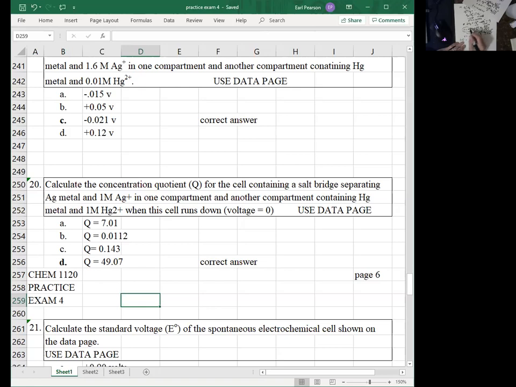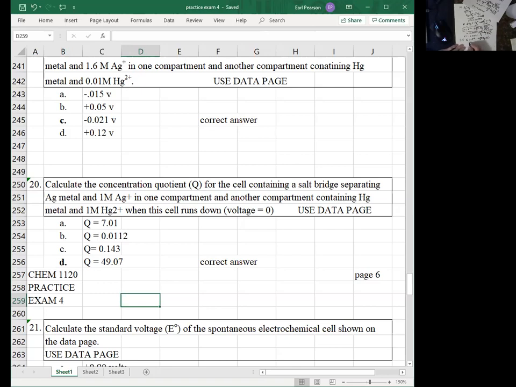So rather than recopy it, I'll just go up here, and I want the voltage to be 0. So 0 has to equal the E0 minus 0.0591 over 2 log of Q. We want to know what that concentration quotient will be when this stops delivering a current.